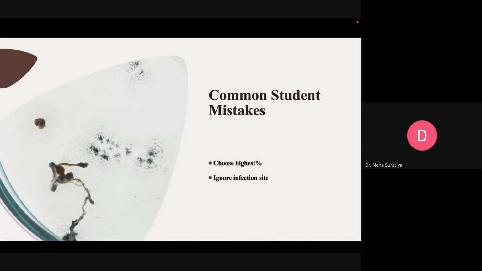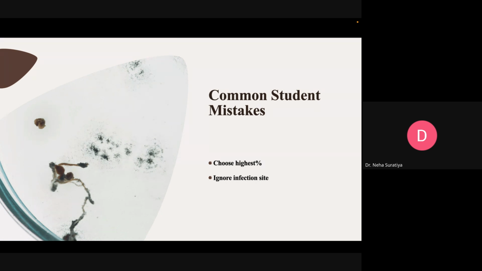Let's understand how students make mistakes reading an antibiogram. Many students simply pick the antibiotic with the highest percentage, the broad-spectrum one, and this leads to overuse of carbapenem, which is a stewardship failure.